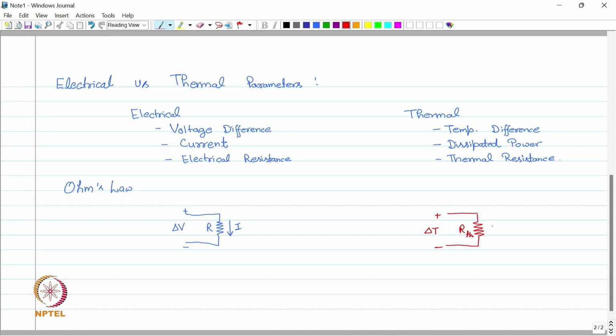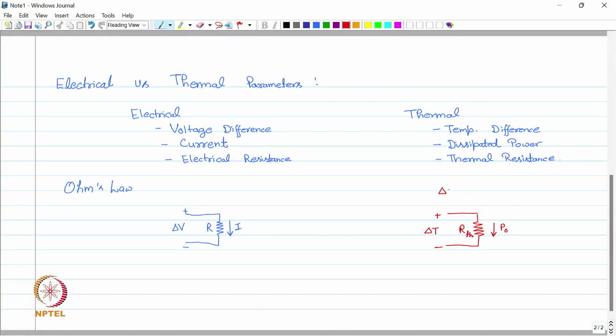Then the power dissipation will be there, which is PD. So this is very similar to the electrical Ohm's law, and we can write delta T is equal to PD into RTH, the thermal resistance.